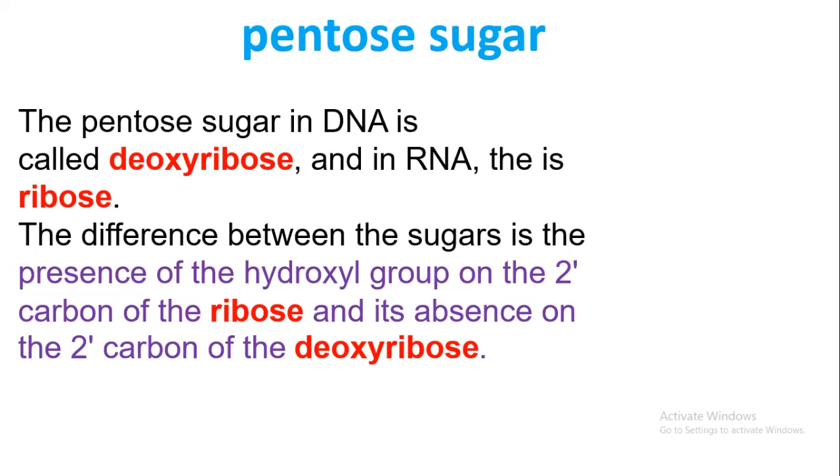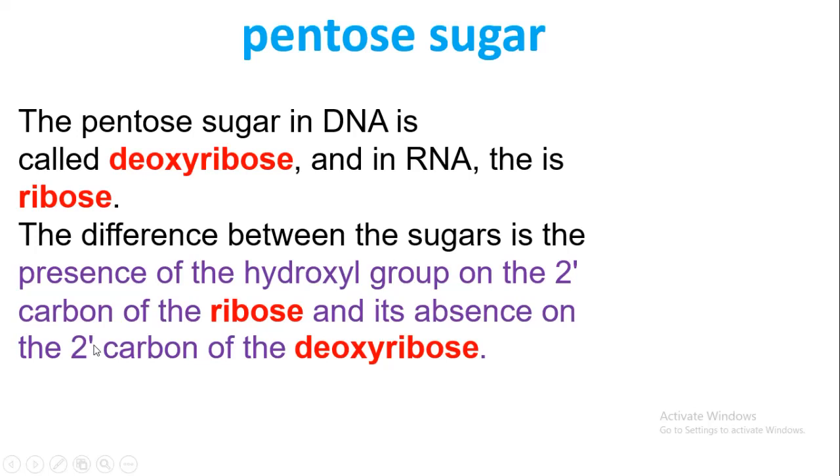When you talk of RNA, it has a hydroxyl group on carbon number 2. The number of the carbon should be noted. So when you talk of 2 carbon, this 2 is because we just want to differentiate the carbon in the ribose and the carbon which is in the what? In the nitrogenous base.